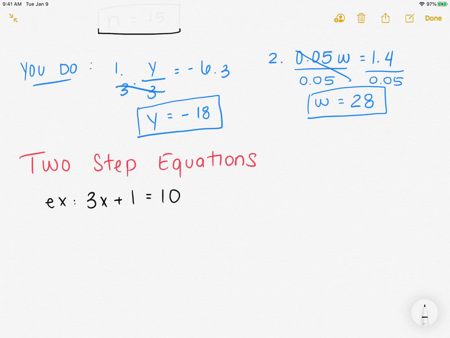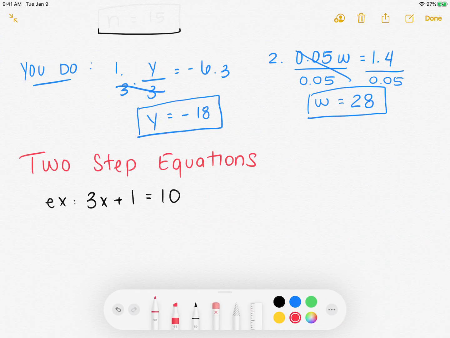So now I have two things next to my x. I have that 3 next to my x, and I have that plus 1. I'm always going to get rid of the things that are farthest away from the x first. So since the 3 is literally touching the x, I want to get rid of that 1 first. I want to move that 1 to the other side since it's a little bit farther away from the x.